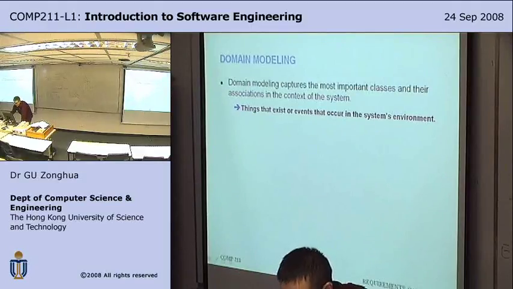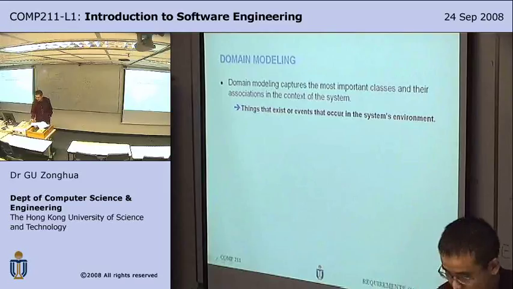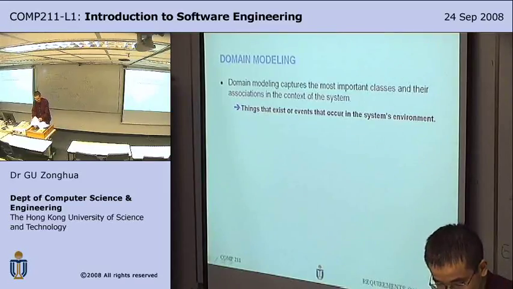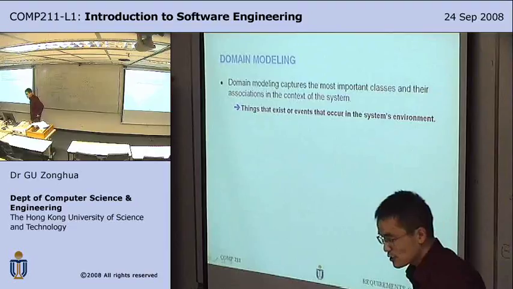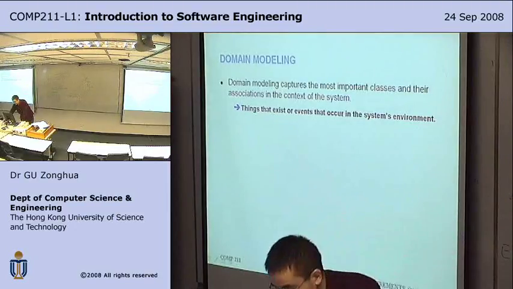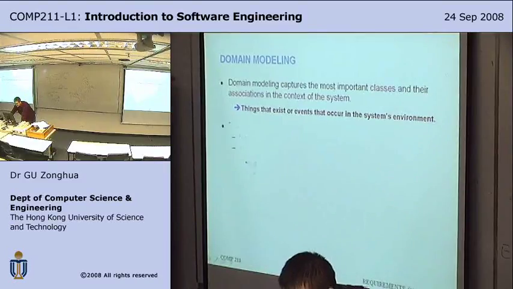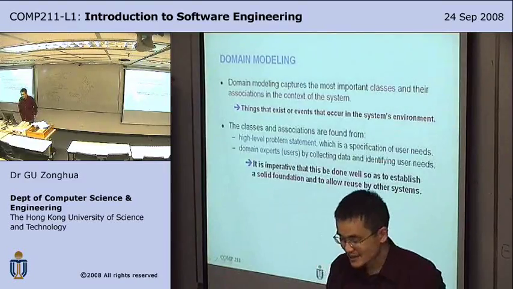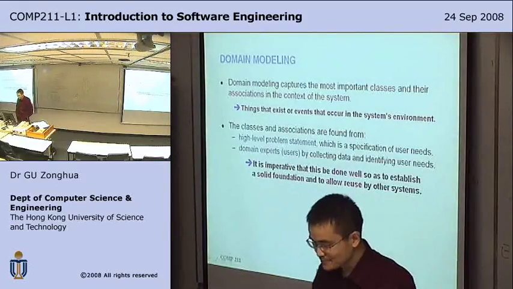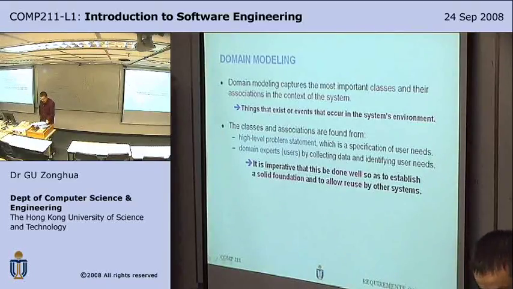So domain modeling captures the most important classes and associations in the context of the system. That is, things that exist or events that occur in the system's environment. So classes and associations are found from the first high-level problem statement.